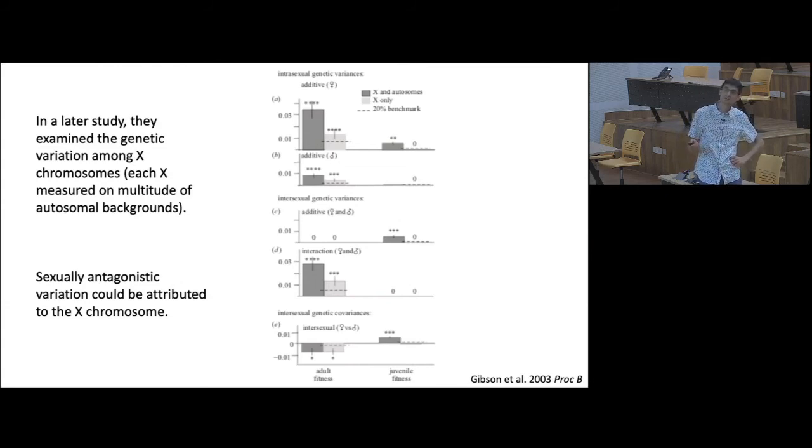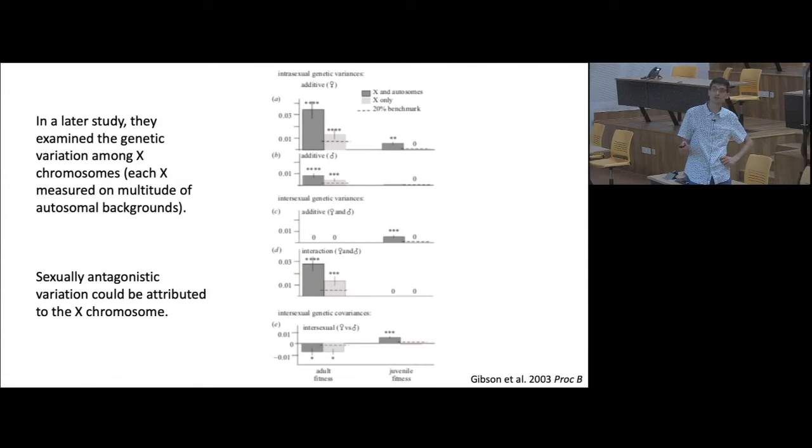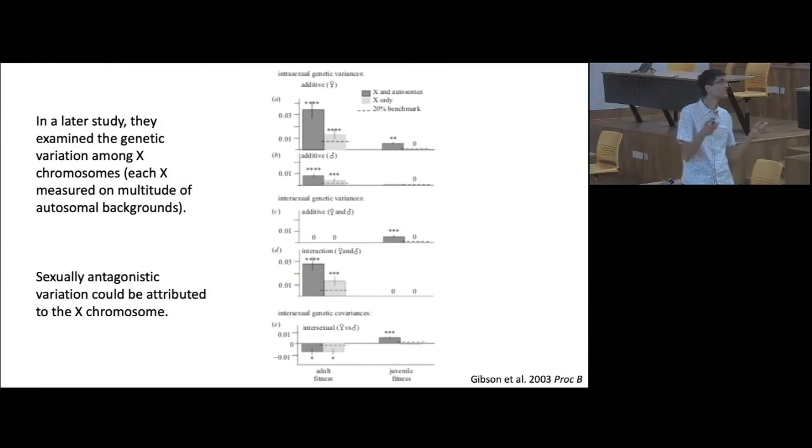There you can see that the contribution from the entire haplotype is actually just equal to what it would be just from the X chromosome alone. In other words, the interpretation here is that the entire negative relationship comes just from the X chromosome for adult fitness.